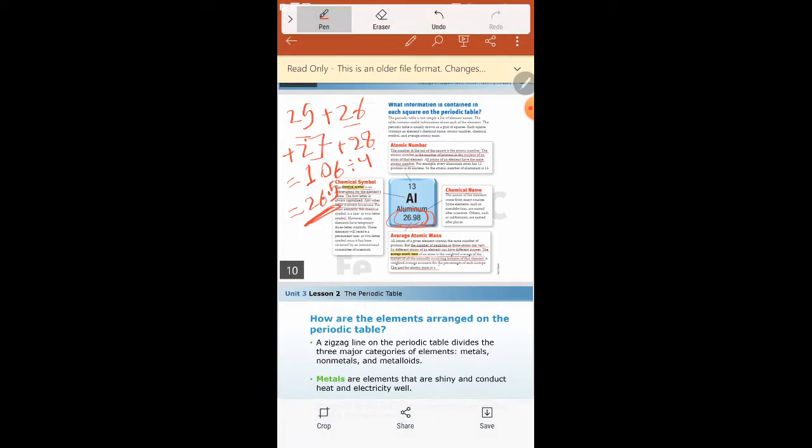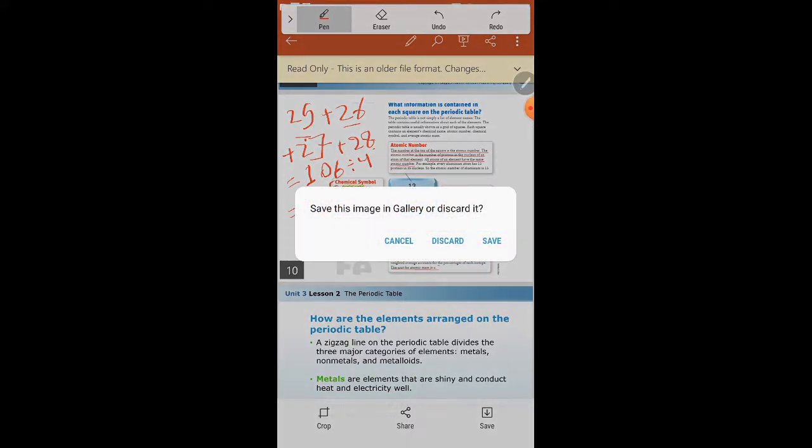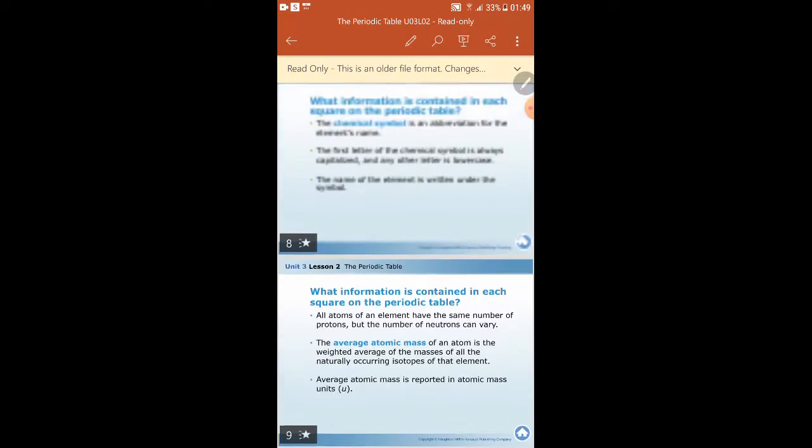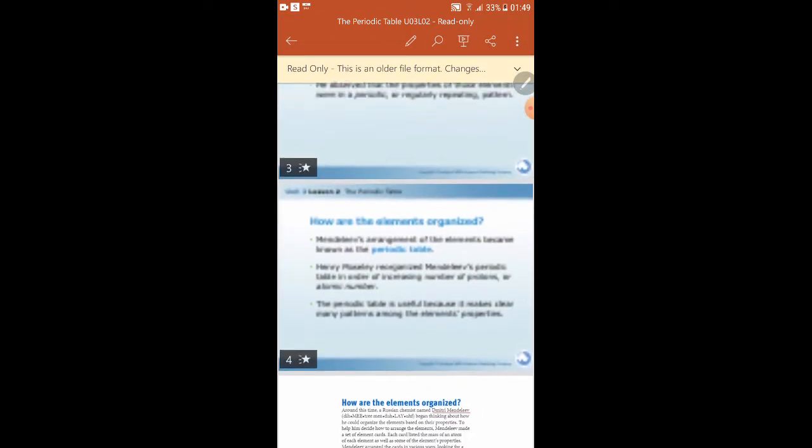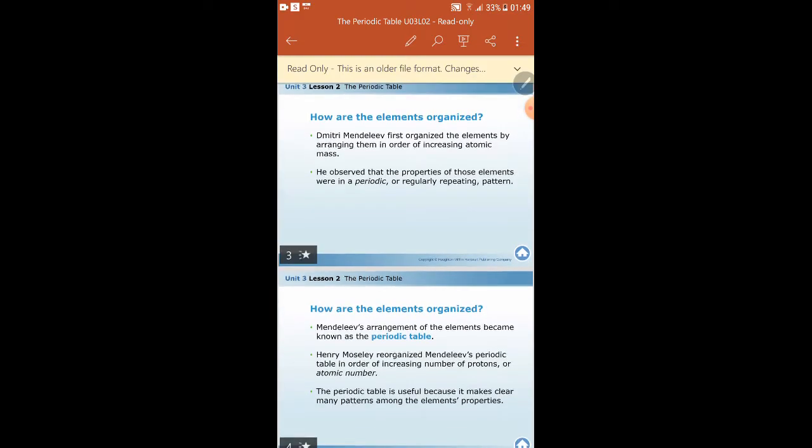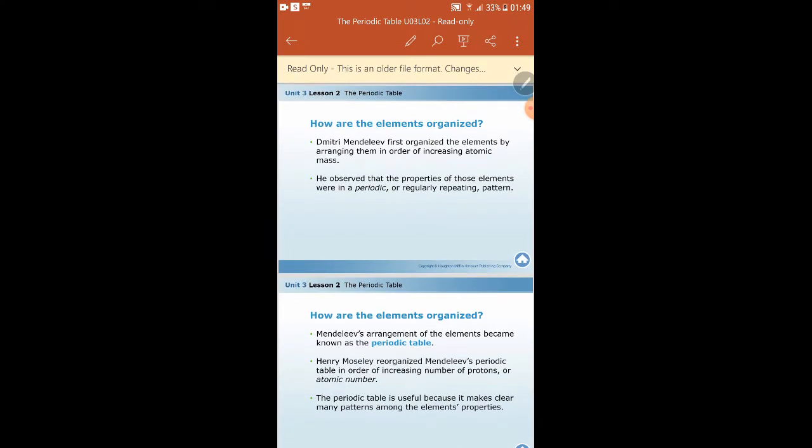Let's go back now to the periodic table, how it started. We said the periodic table was set first by Mendeleev.